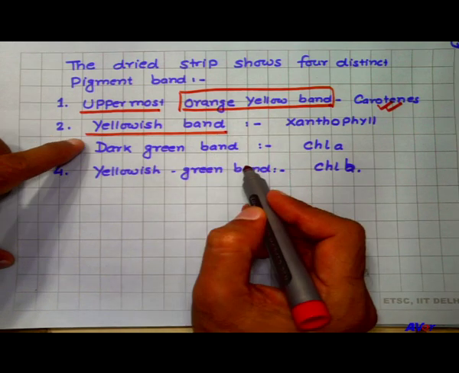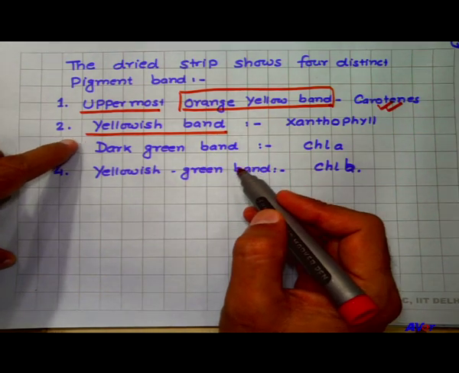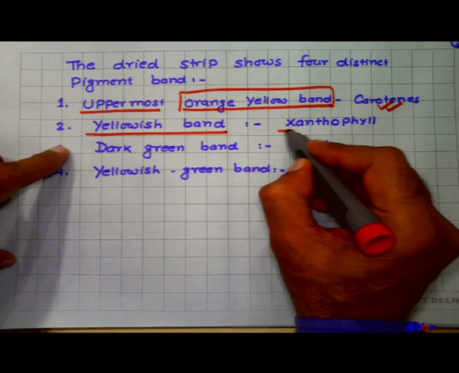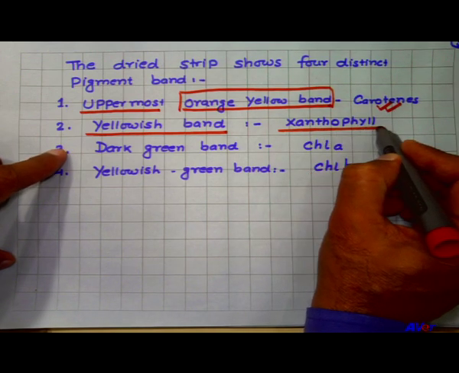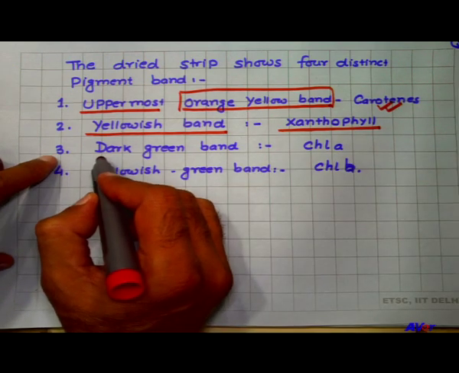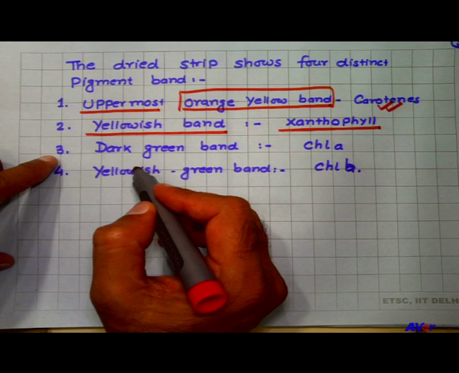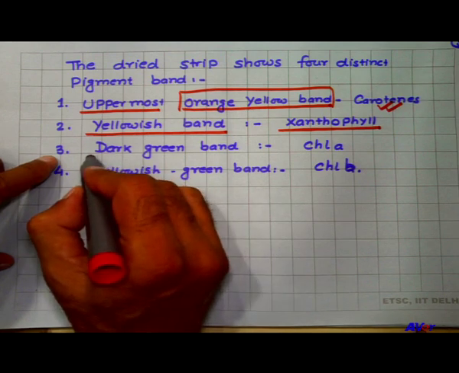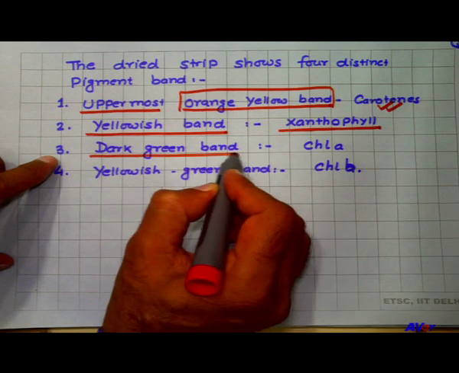Next to the orange yellow band, you will find a yellowish band. This yellowish band is xanthophyll. The third band, just below the xanthophyll, is a dark green band.